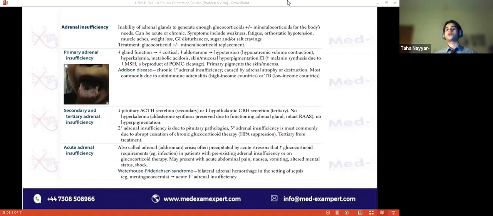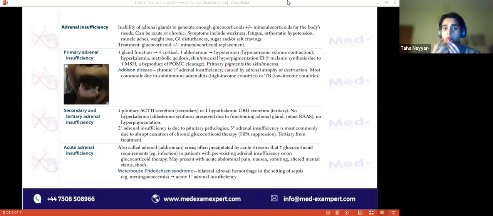If we are increasing the blood volume, obviously the blood pressure will increase. That is the function of aldosterone, not of cortisol. But at higher concentrations, cortisol can also act on these aldosterone receptors and act as an aldosterone. So it can cause sodium retention and hypervolemia.